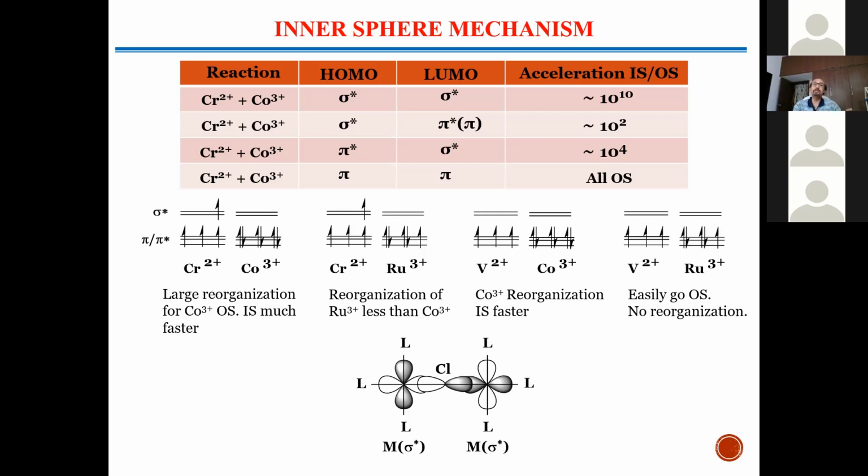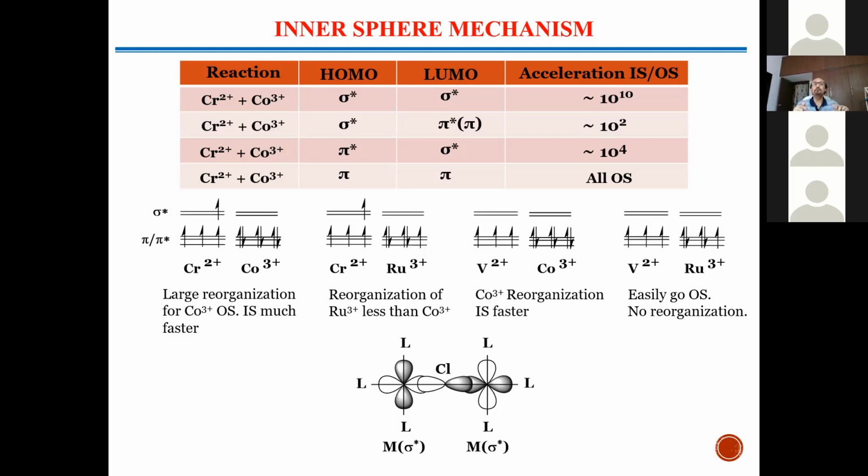And whatever oxidant and reductant you have chosen, you have to see in which set the unpaired electron is available, sigma star or pi star, or where the vacancy is, in the sigma level or pi level. And if you use a bridge, then that is an additional factor. So taking all this into consideration, sigma star is the best option, followed by the other options shown over here.